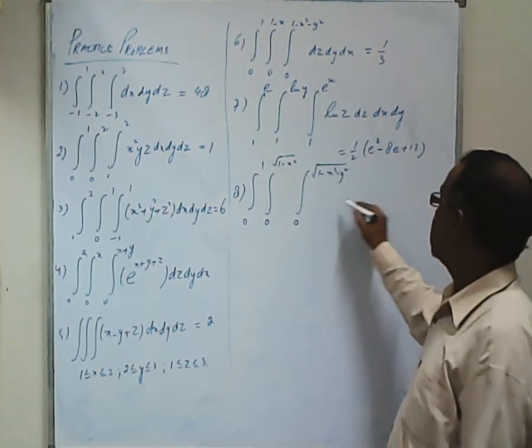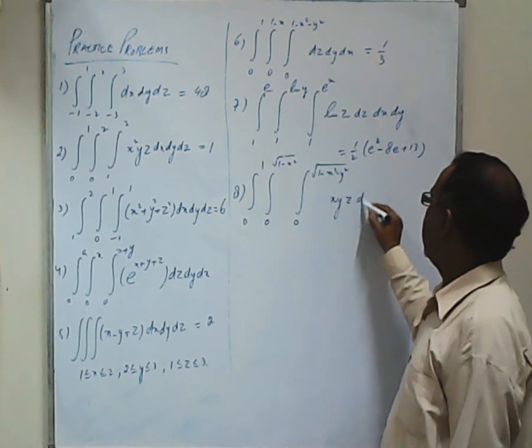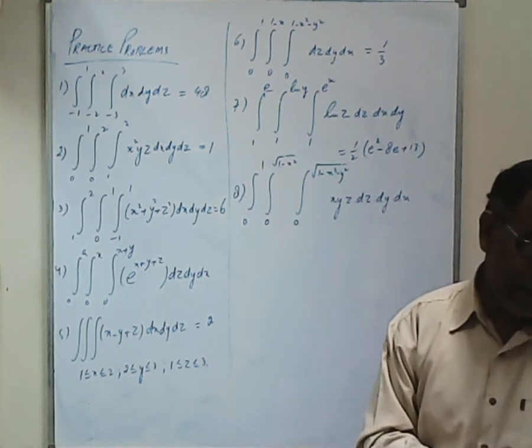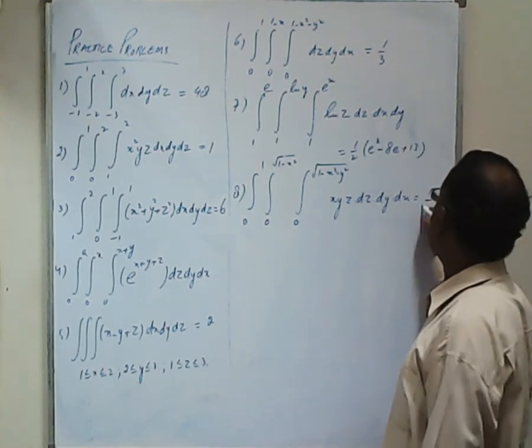The function is x, y, z, and we have dz, dy and dx. And then the final answer will be 1 by 48.